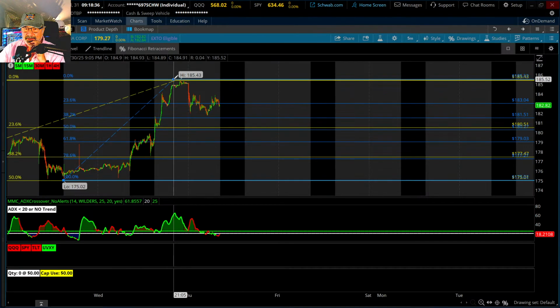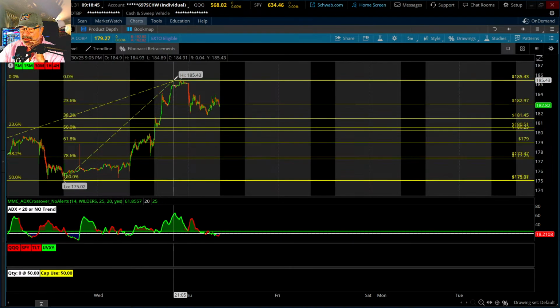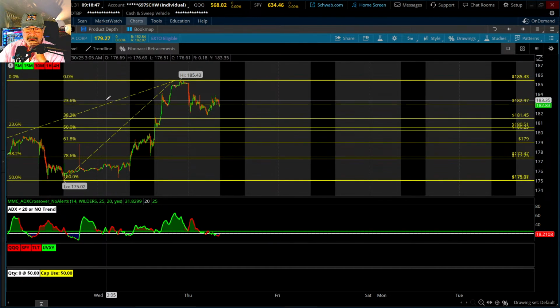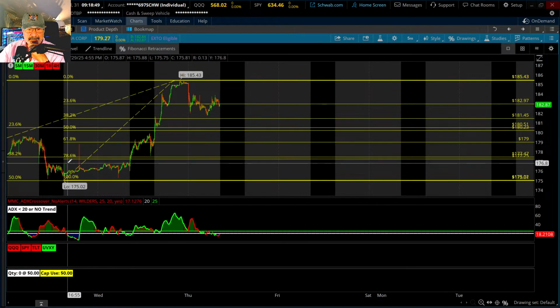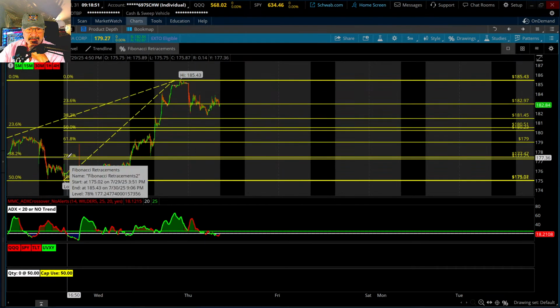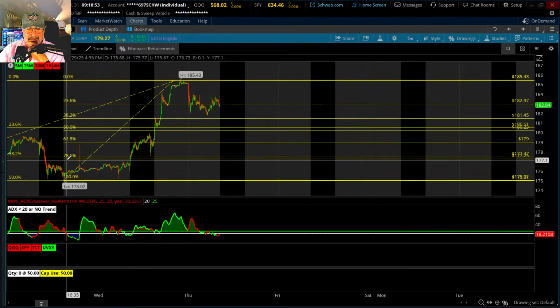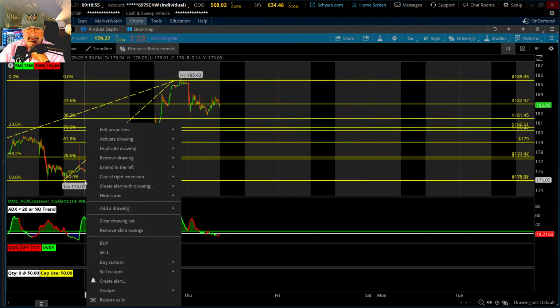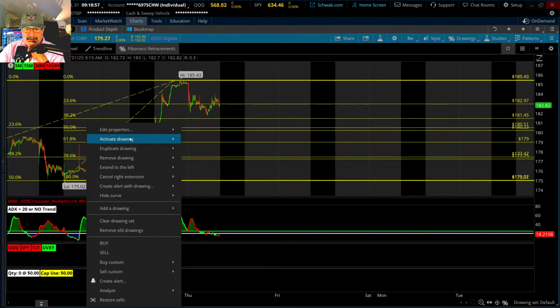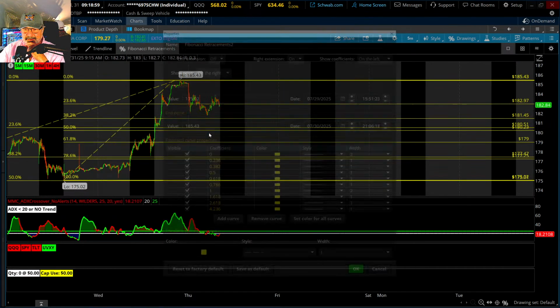So now, even though these are the same, I marked it on almost the same high-low there. It's going to open more lines because it's on a shorter period. I think that, let me see if I can get the fib line too here. Yeah, there we go.